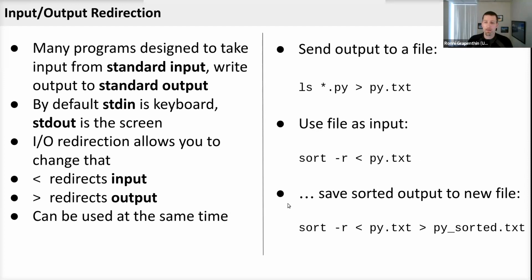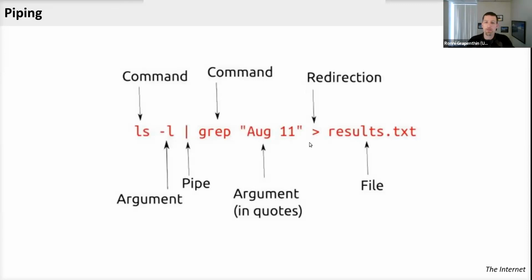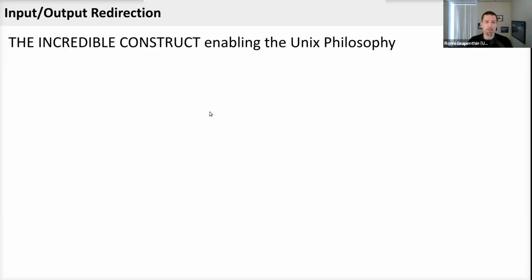And then we can save that output to a new file. So we can say sort -r, take the input from this file, and put the output in here. This concerned the redirection, and the other command is the piping that I already pointed out. This is just the vertical bar, an extremely powerful construct in the shell environment.